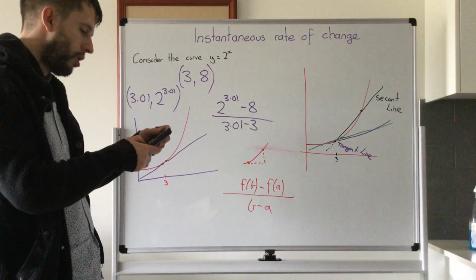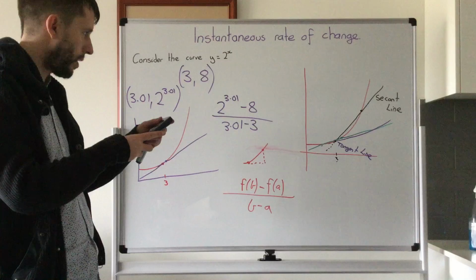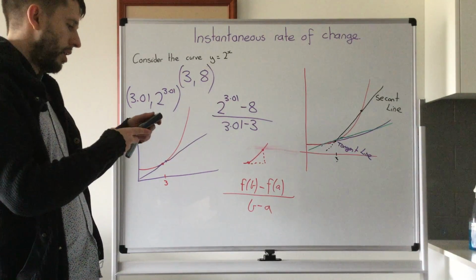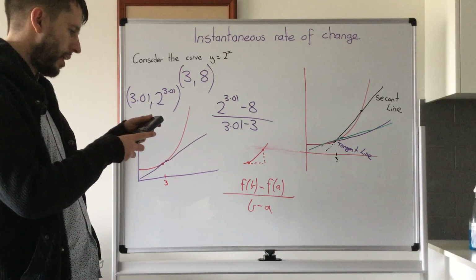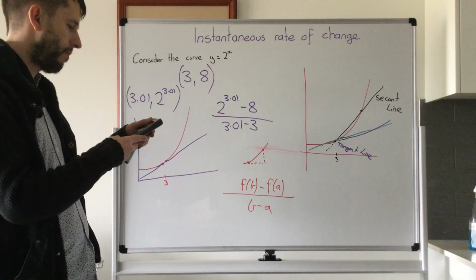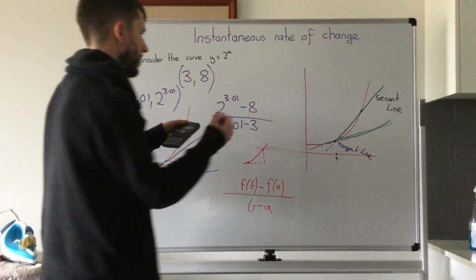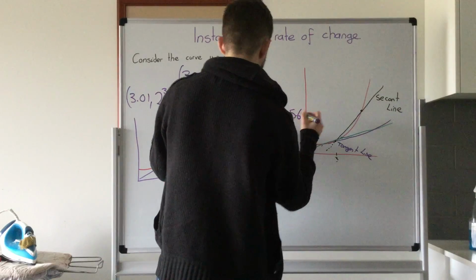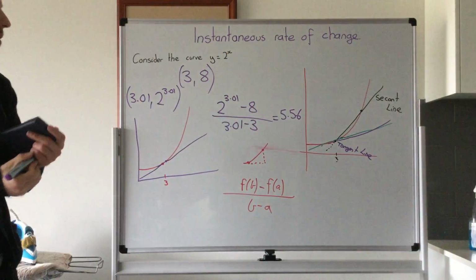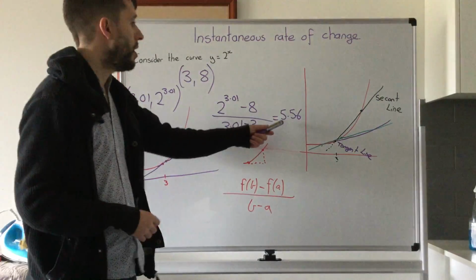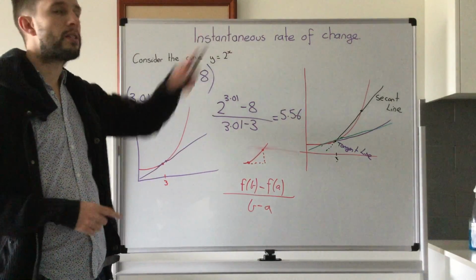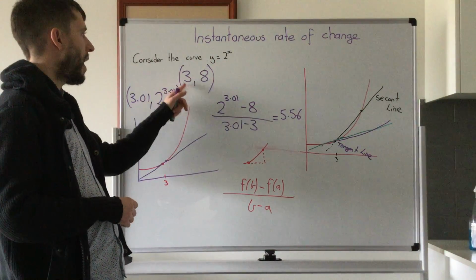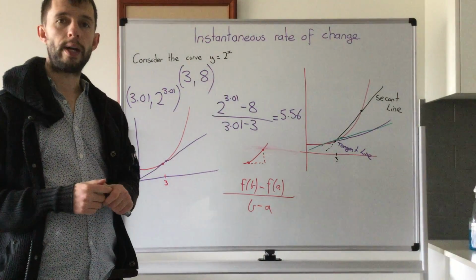So 2 to the power of 3.01 minus 8, divided by 0.01, and it gives me an approximation of 5.56. So that is the approximation of my gradient, my slope, which is my instantaneous rate of change for my line at x equals 3.